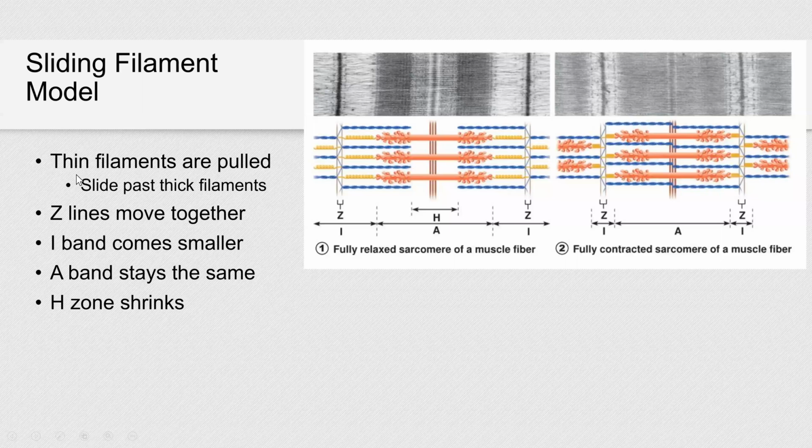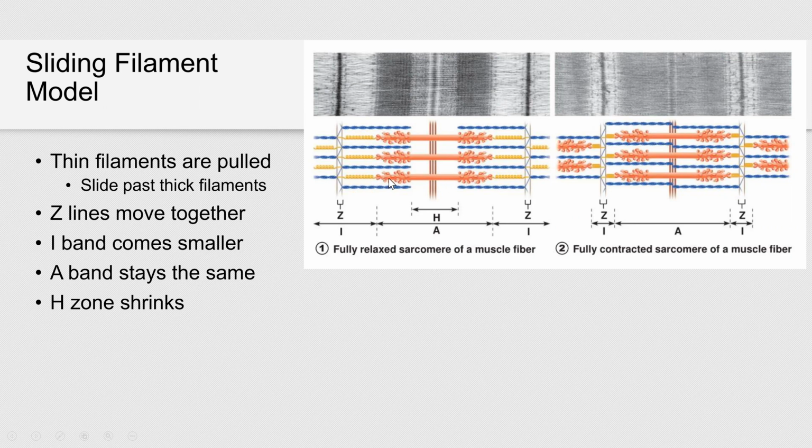So let's just read this one. Thin filaments are pulled and slide past thick filaments, Z lines move together. So Z lines move together. The I band becomes smaller, right? So that's our I bands where we have only actin. The A band is going to stay the same because the A band equals the length of myosin.